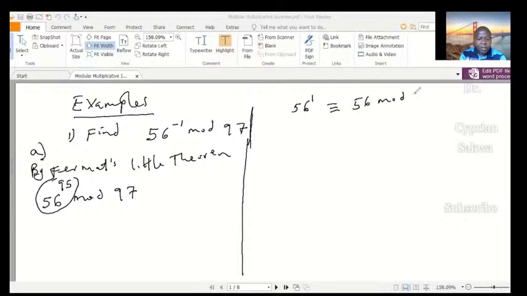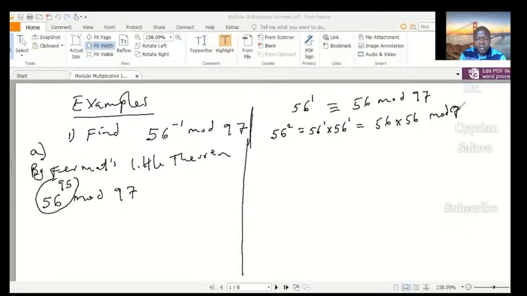What about 56 raised to 2? 56 raised to 2 is the same as 56 raised to 1 times 56 raised to 1, which is 56 times 56 mod 97.